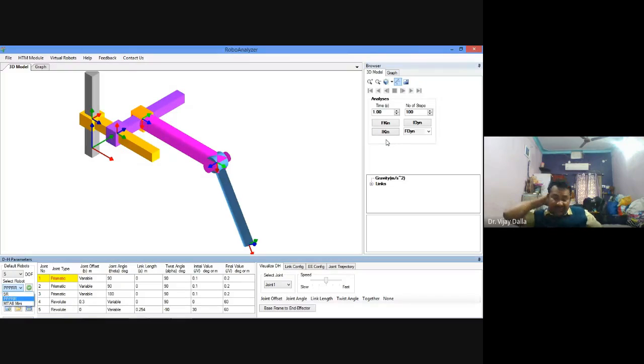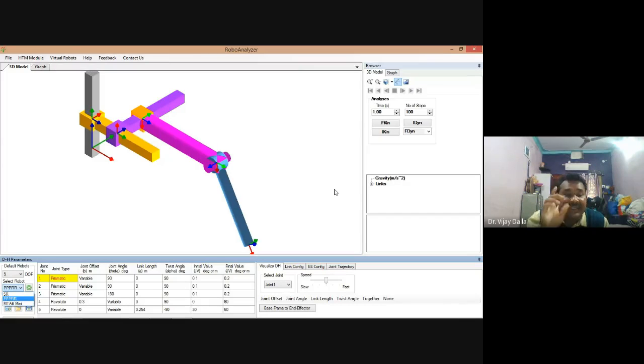So what is this? The forward kinematics is for the given set of joint angles. You can see the joint angles: for joint 1 it is 90 degrees, for joint 2, 90, and for joint 3, 180 degrees. And the others are variable. Okay.